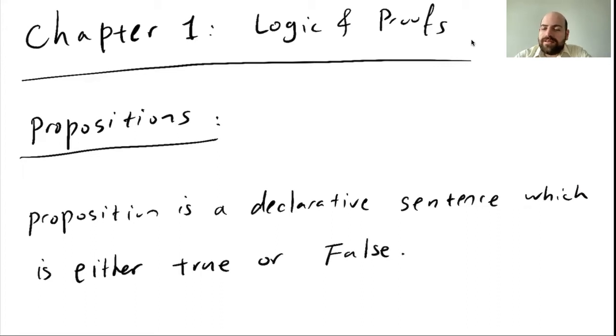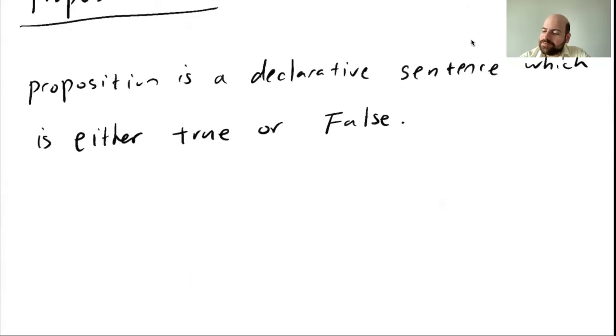So any sentence that can be categorized as true or false, and it's declarative, so it's not a question, for example, is called a proposition.